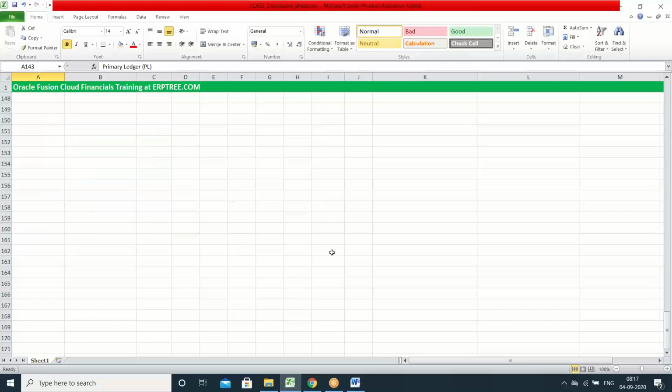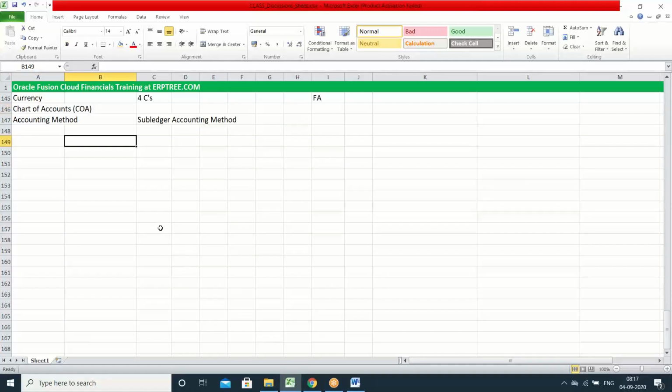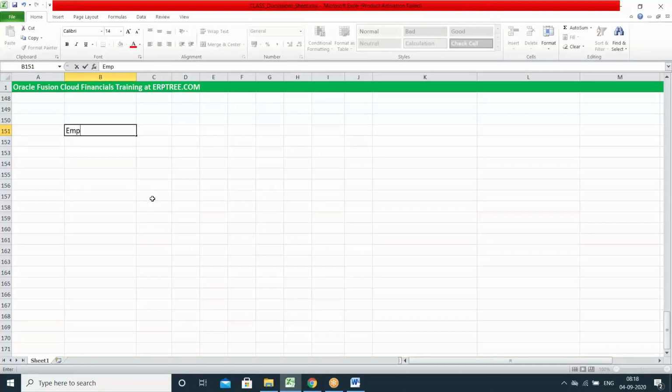Now let's take a simple case. If you are going to do the implementation of Fusion applications for any company, how does the data need to be classified? We'll see. First, we have to classify the entire organization data into 4 data classifications. One is employees data. In the system we have to maintain employees data separately.